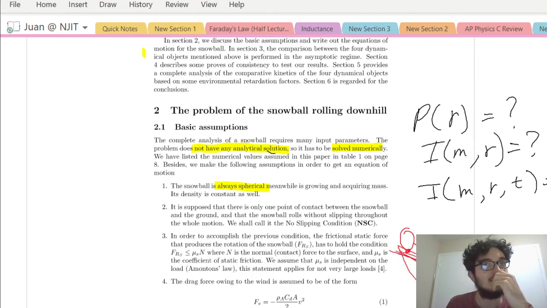And theoretically it should only be 1 point, tangential to the snowball, assuming that at first it's spherical.